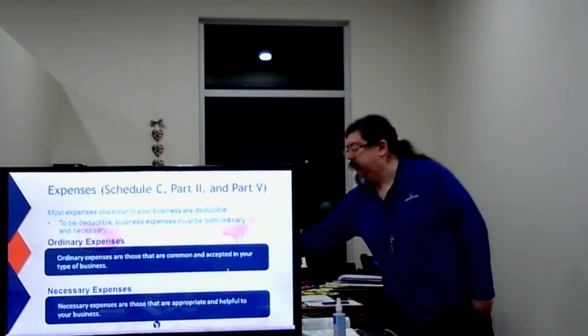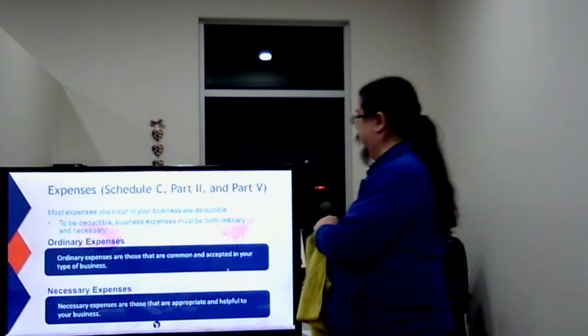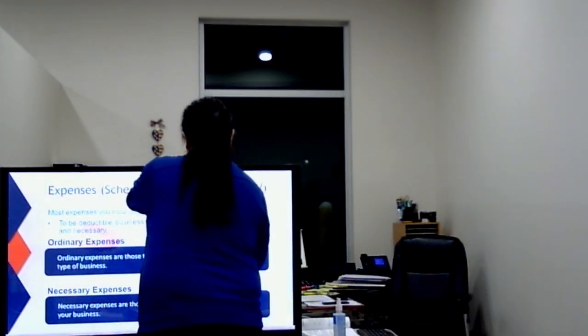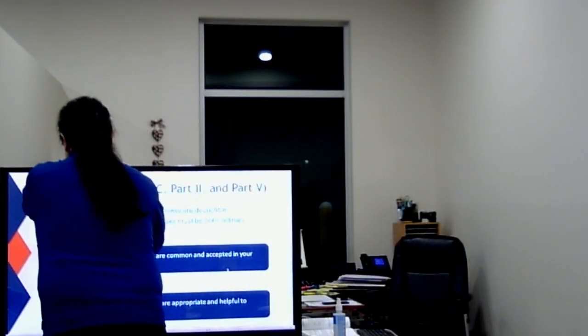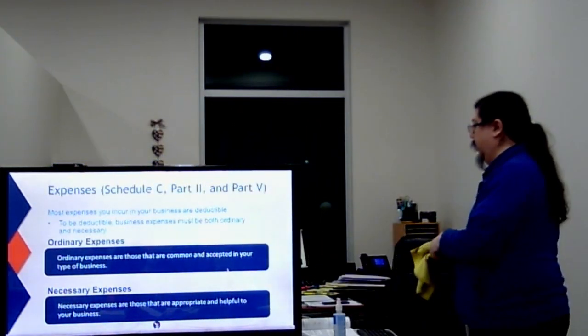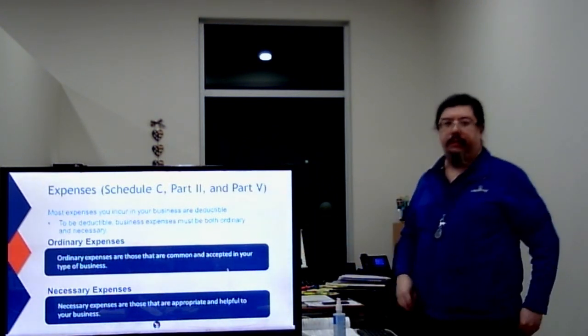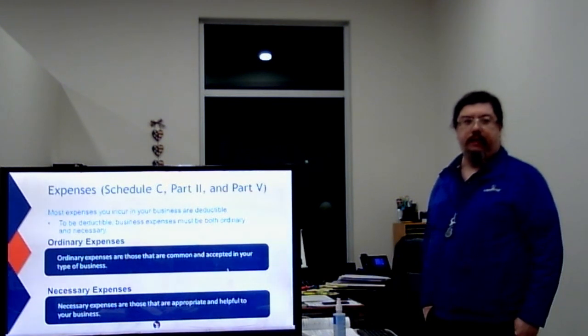That's really the only time I've seen anyone try to deduct expenses for a fishing boat. We have a couple clients that do fishing charters, and a couple of clients who are commercial fishermen, and that's where we would deduct the fishing vessels.